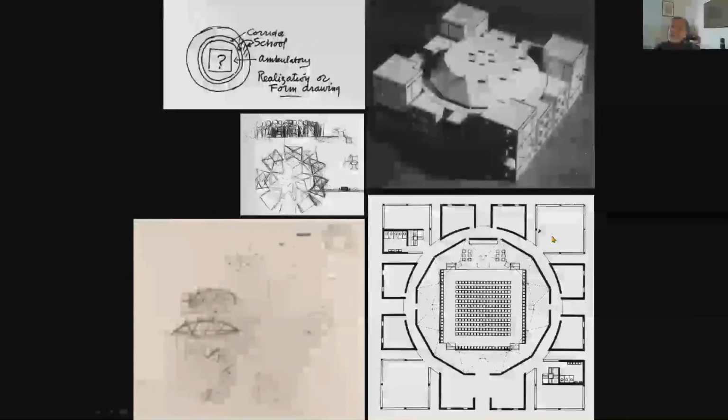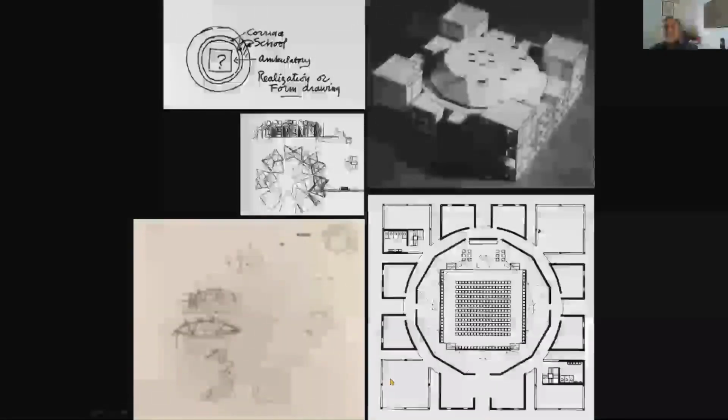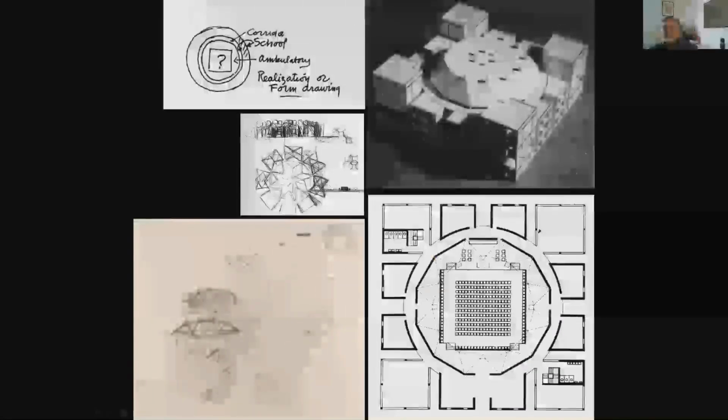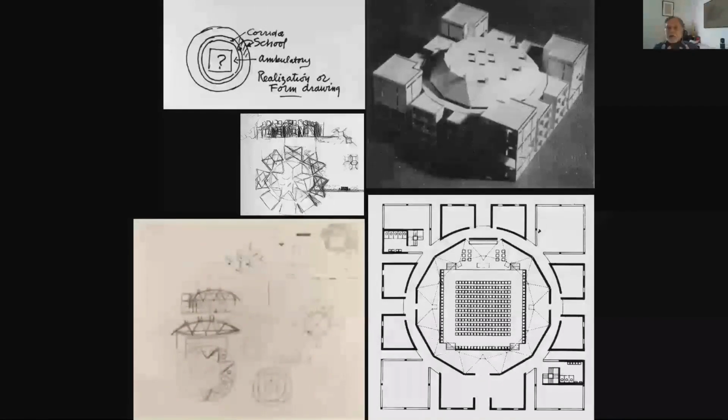However, having made this, Kahn realized that this is exactly not what he wanted. This is something that is not yet there. It's too literal. That part of the school does not necessarily have to be the same as that part of the school, and neither this and that. There are various elements of the school, various elements of the church, which actually demand to be expressed differently.